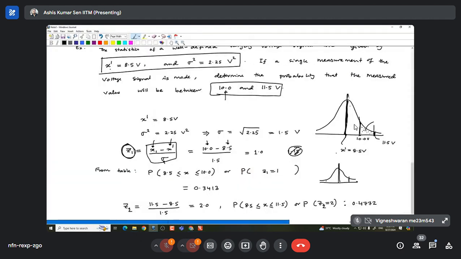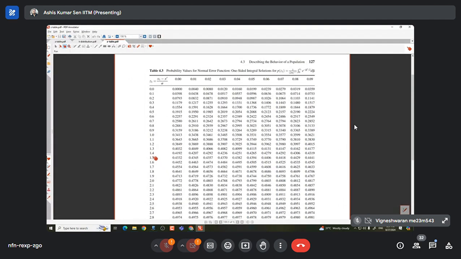Sir, in case the Z value is negative? You basically take the magnitude, because this is a symmetric curve, and read the positive value. And the decimal in the first row is like the accuracy we want to reach, right?